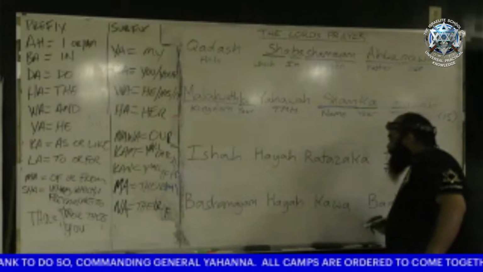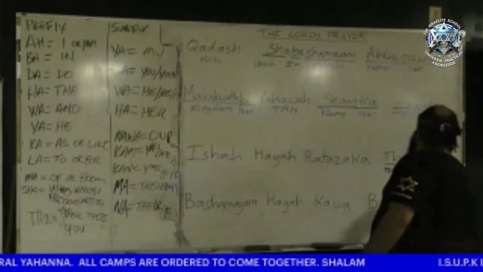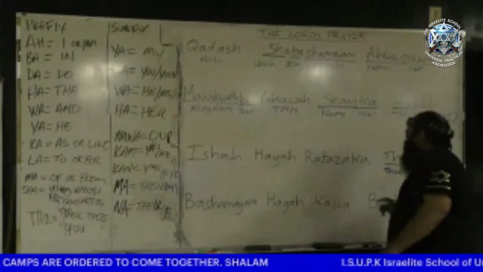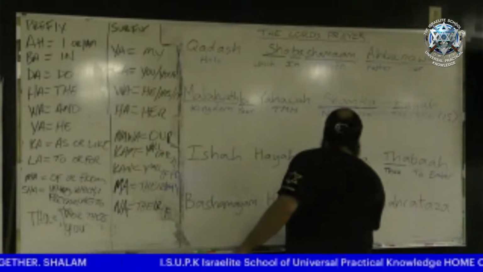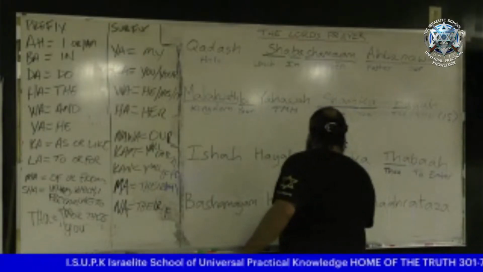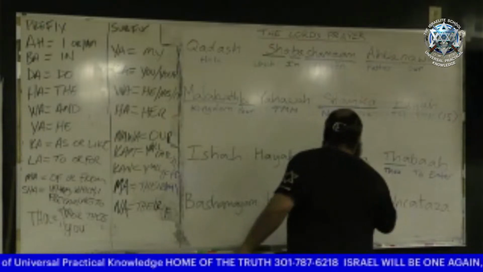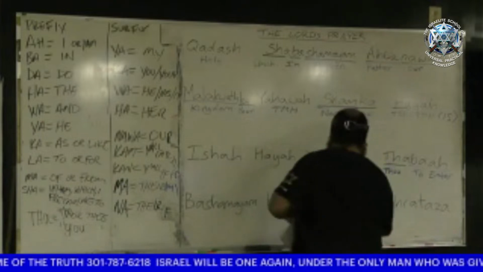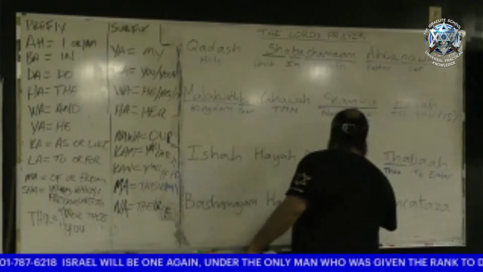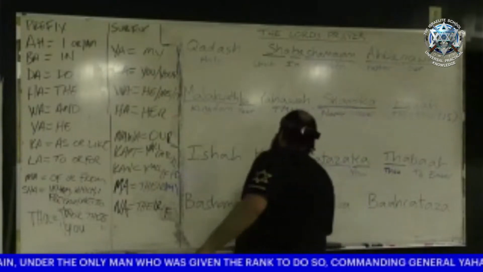I guess it's the same thing, kind of. Thy kingdom come. Thy will. Yeah, so your kingdom. Okay, I guess the same thing. So Ratazai is will. And then Ka again, your will. Again, we have Haya.